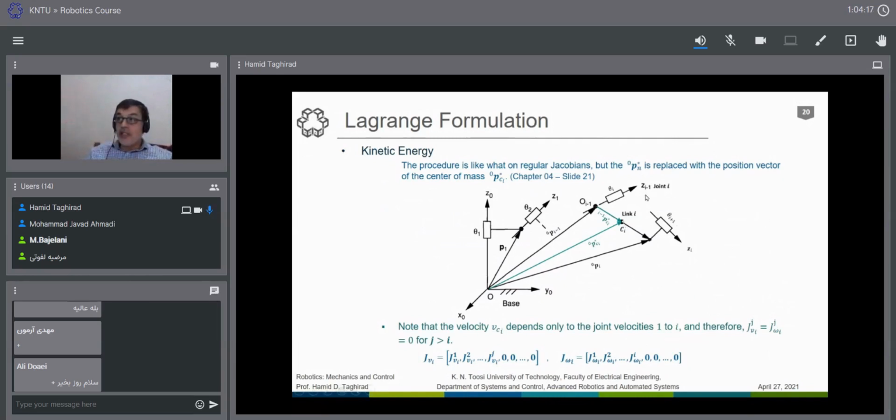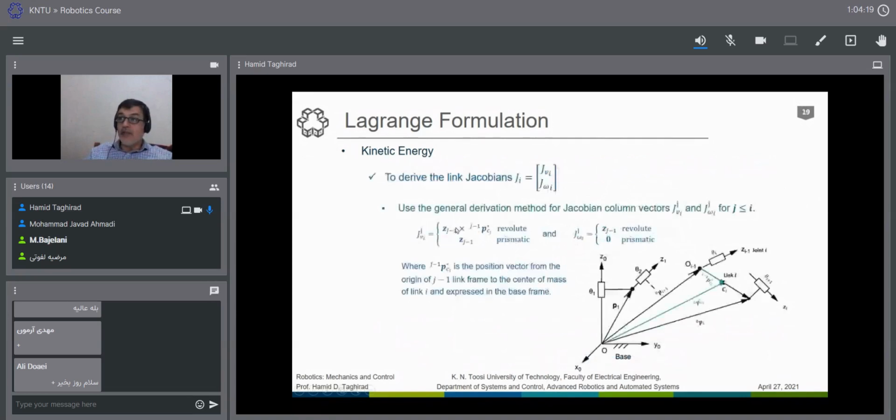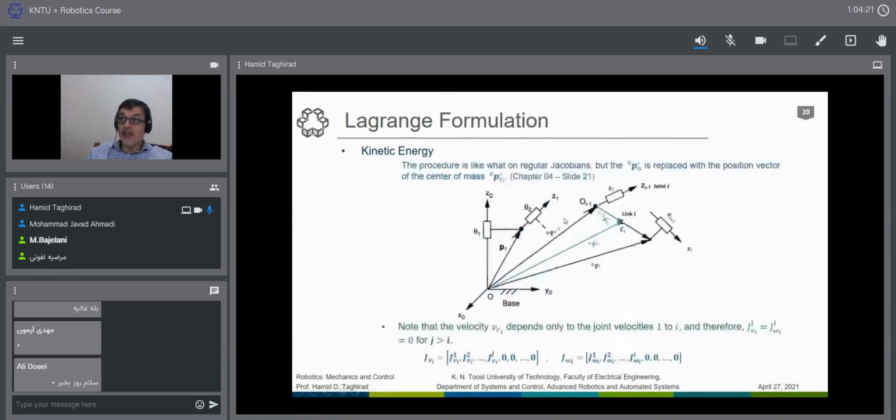So this 6 by 6 Jacobian matrix that can be found here, as you can see, can be divided by the columns. For example, for the very last point, all the columns are non-zero. But for the first joint, just the first Jacobian column exists and the others are equal to 0. And this is the same for J omega as well.